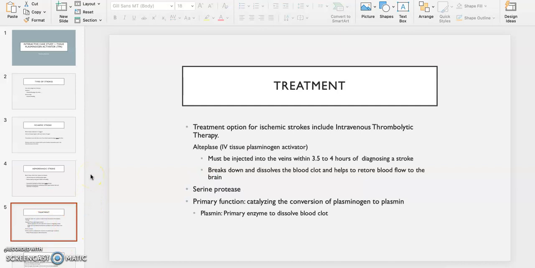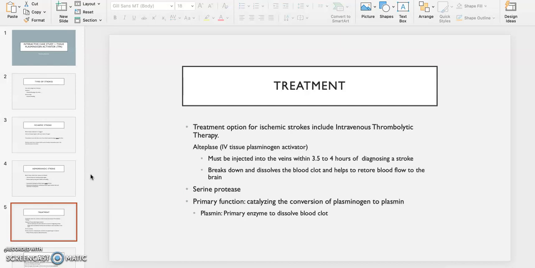For treatment of ischemic stroke, there are different kinds, but the one specific here is tPA, which is intravenous thrombolytic therapy. This is an IV injection that is injected into the veins within 3 to 4 hours of diagnosing a stroke.